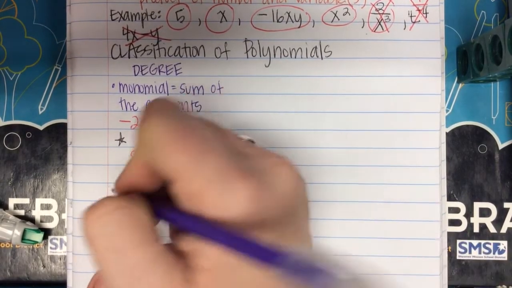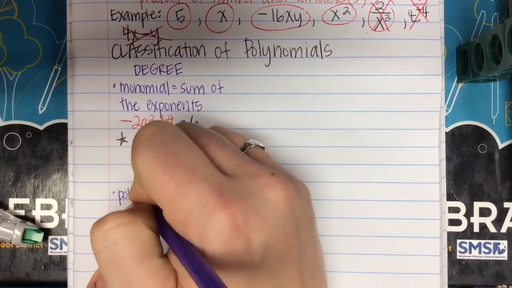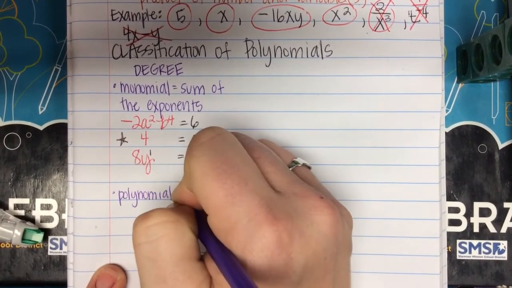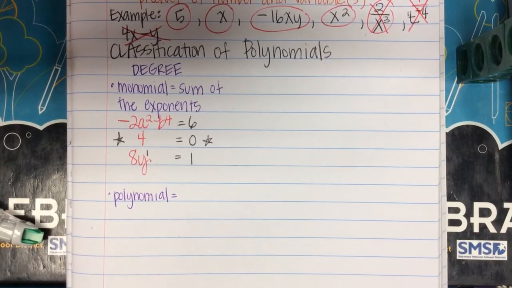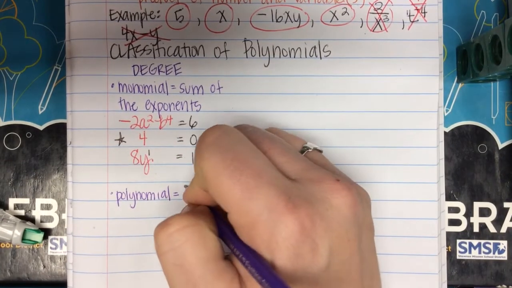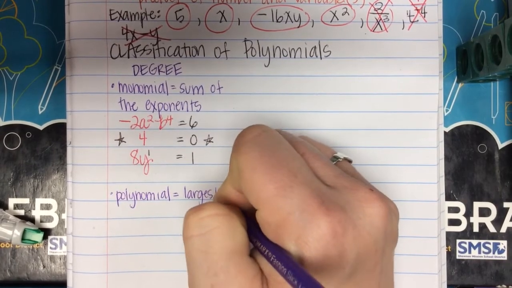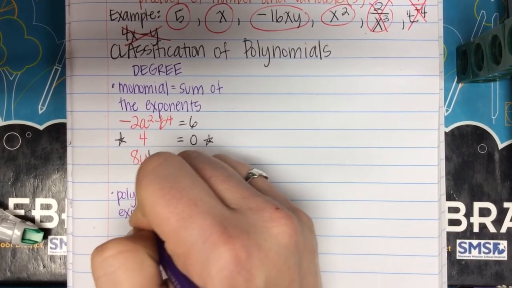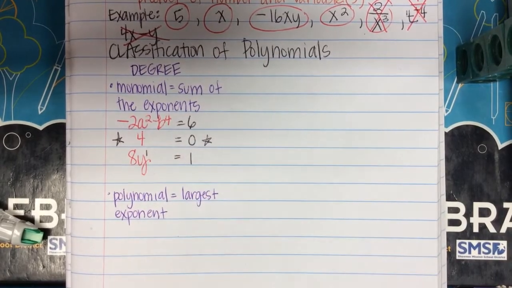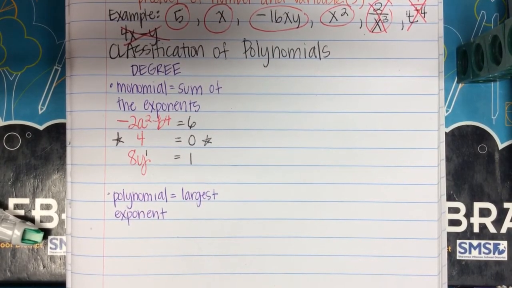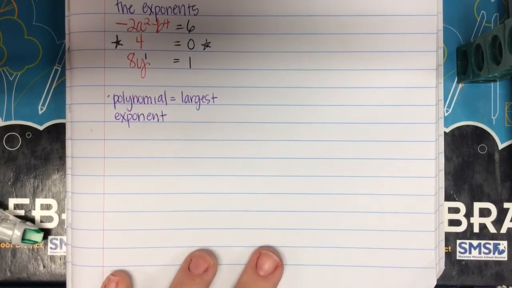In a polynomial, the degree is the largest exponent. Here's a chart.